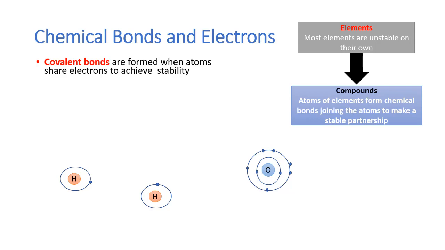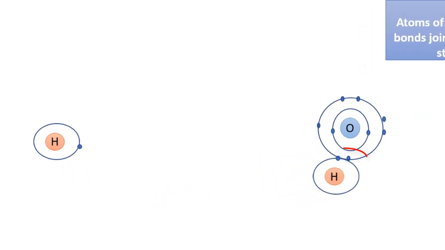So what's going to happen is when these atoms get close enough to one another, they're going to start sharing electrons. These 2 electrons here are going to be shared between the oxygen and this hydrogen. Sometimes the hydrogen is going to have the sensation that it has its valence shell full, sometimes the hydrogen has the opportunity to have both electrons, and sometimes the oxygen will have the opportunity to have those electrons.